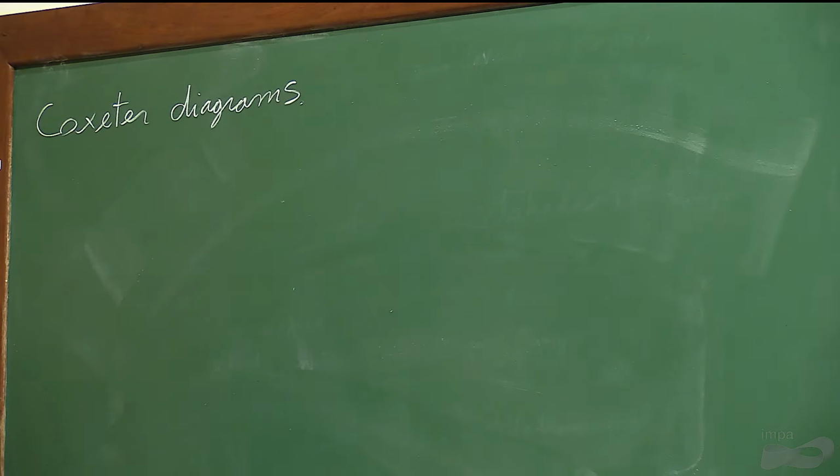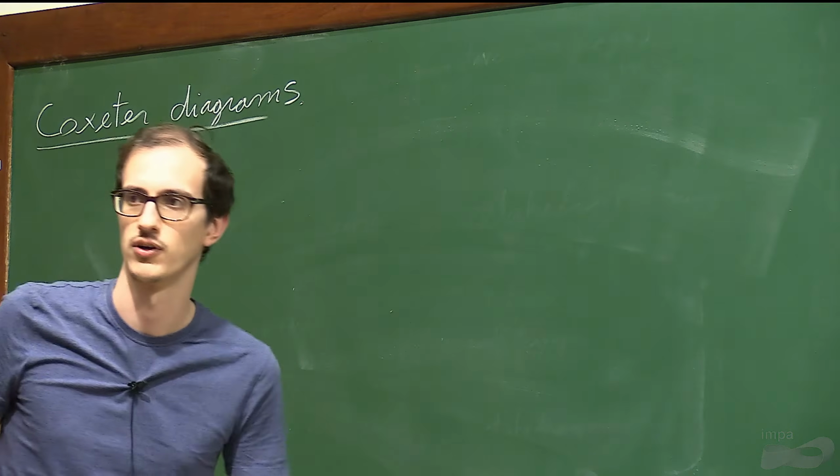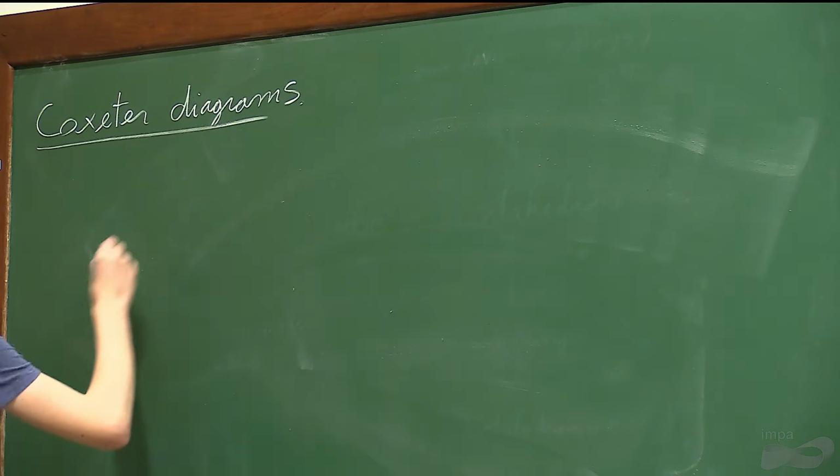So these are just a way to encode the information of a Coxeter polytope. These are graphs.